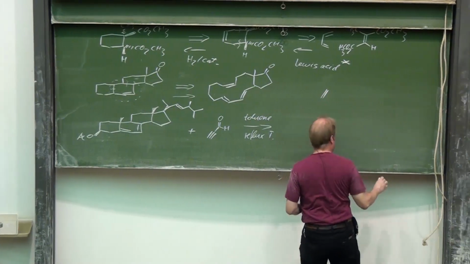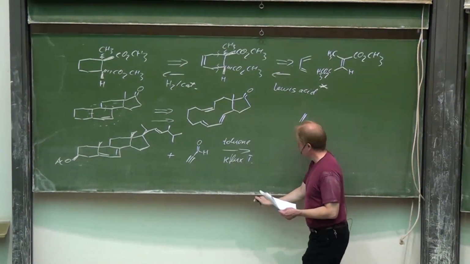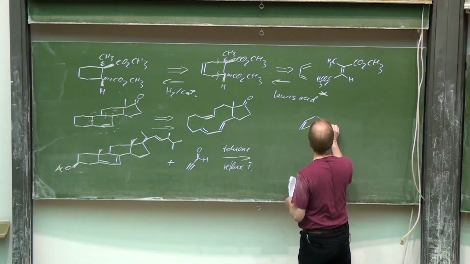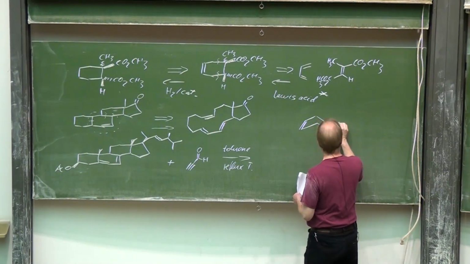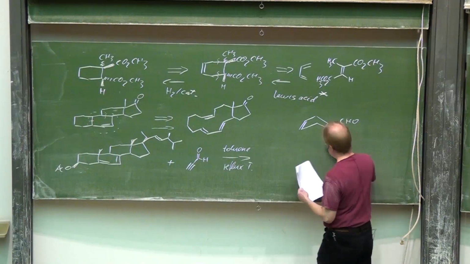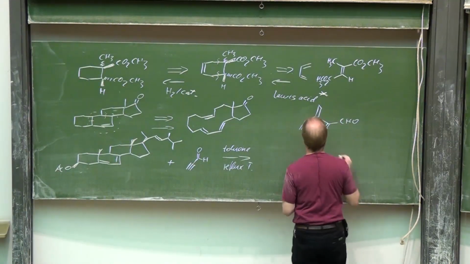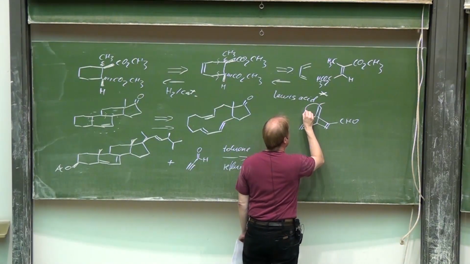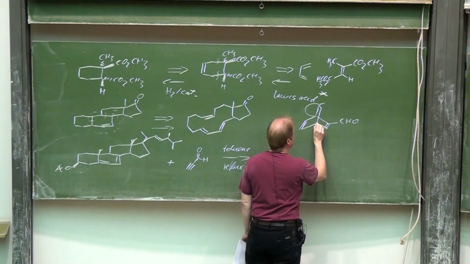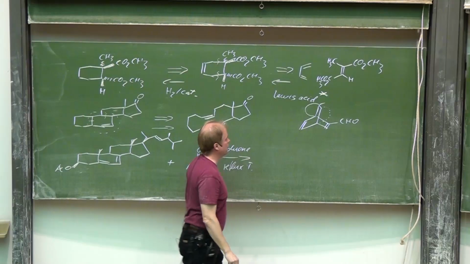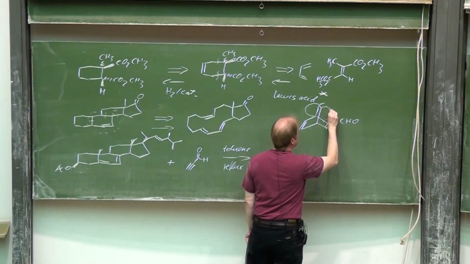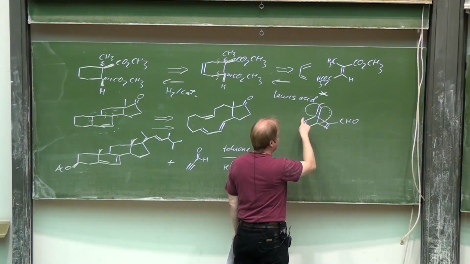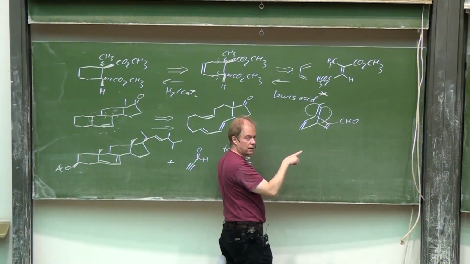Well, just a sketch for that Diels-Alder product. So we have something like that. Ring system here and ring system there, and a cyclohexadiene moiety there.